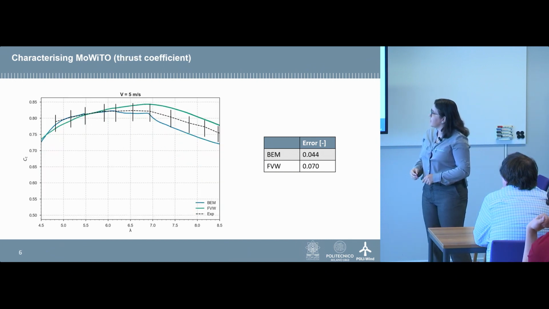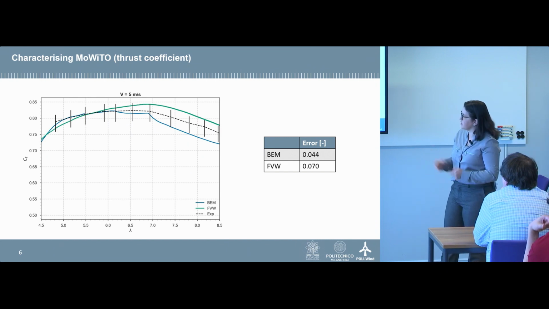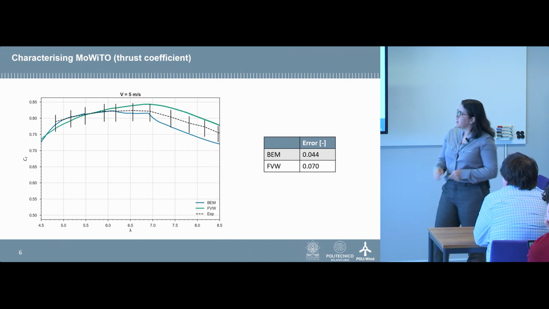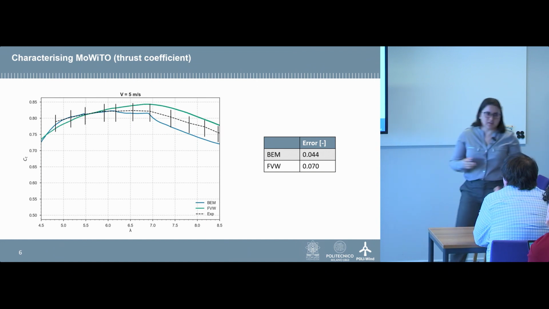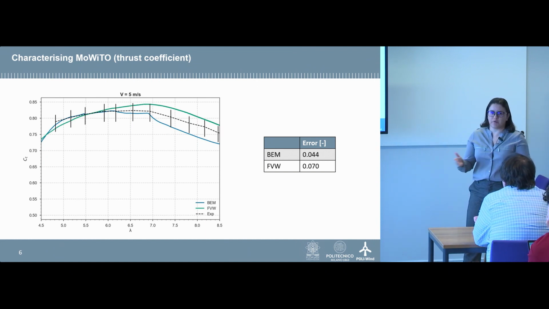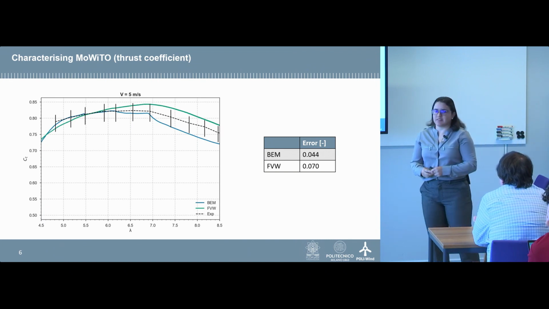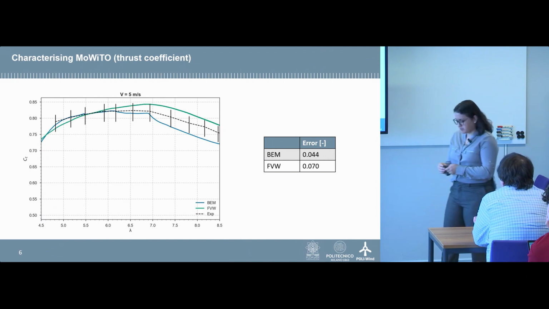We see the same case with thrust. Here we have the thrust coefficient, and the error is a little bit lower. So these models are used going forward. We accept these errors as being low enough to continue.